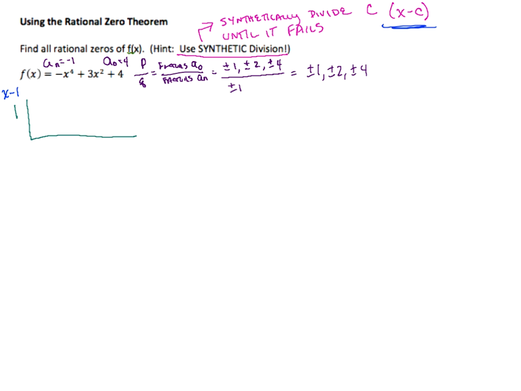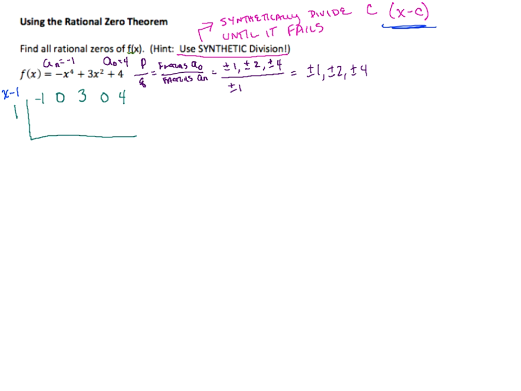And don't forget, you've got to use placeholders if you skip over terms. So the coefficients that I'll be using for this will be -1 to the 4th. I skipped over x cubed, so I have 0x cubed, 3x squared, 0 x's, and 4.